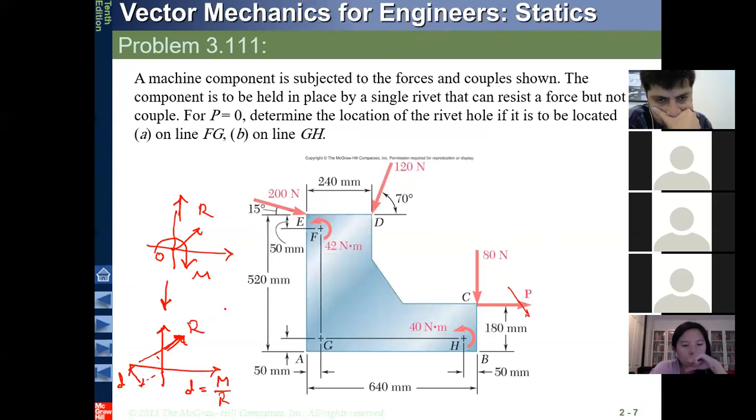So it doesn't really matter, but for convenience we choose G here, because at the end we are going to calculate the position of the point in FG and GA. So this is the best point to calculate the moment around.